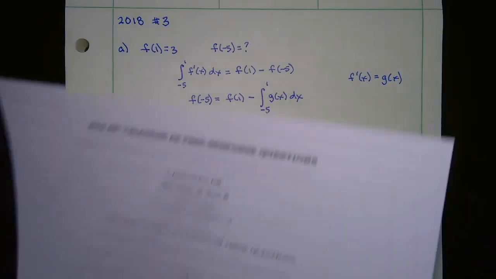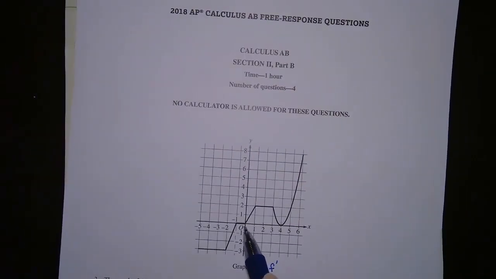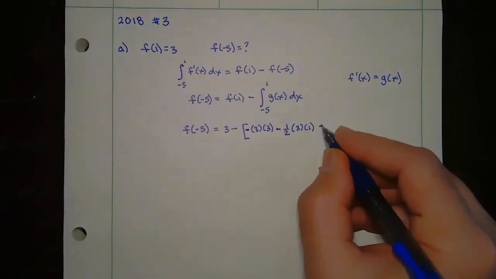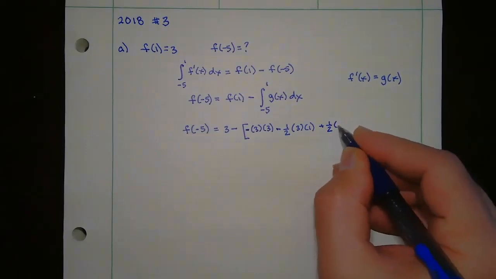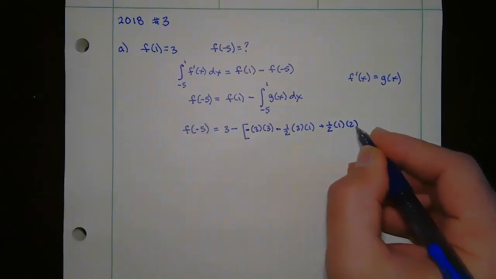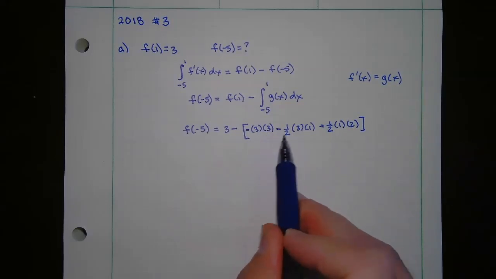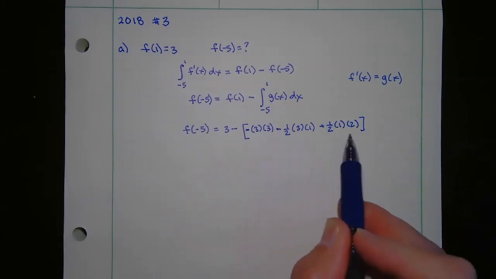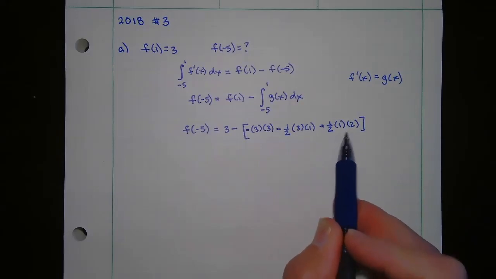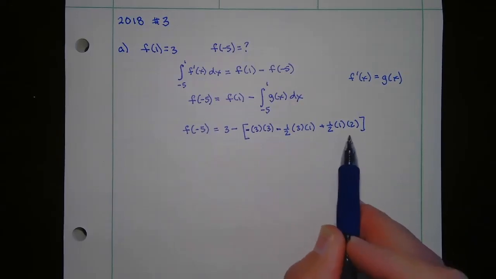And then to 1, I need to do this one, right? So plus 1/2, 1 times 2. Okay, so why are these two areas negative? It's because they're below the x-axis and we're going left to right. And why is this one positive? Because that one's above the x-axis and we're going left to right, okay?